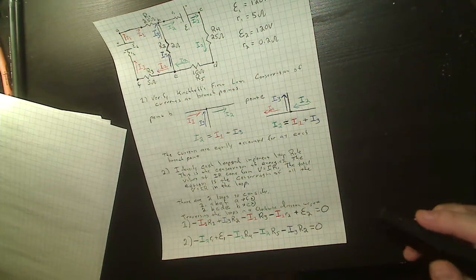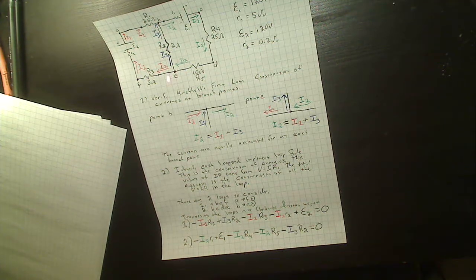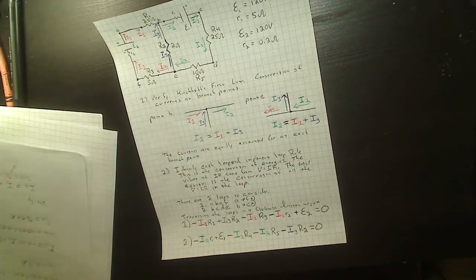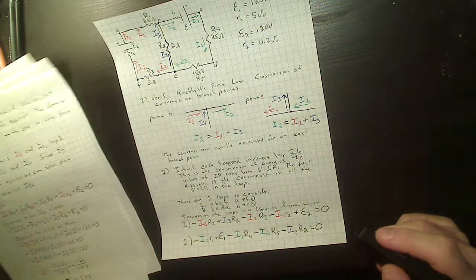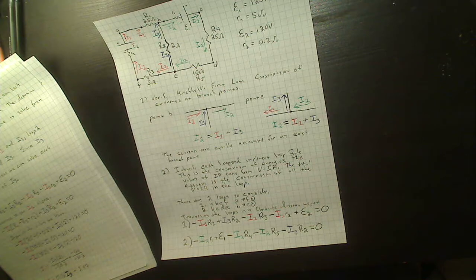Okay. So here, what I'm trying to do is find the value of currents I1, I2, and I3, and now I've got these long equations. So what I'm going to do is look at each equation and see which loops contain which values.